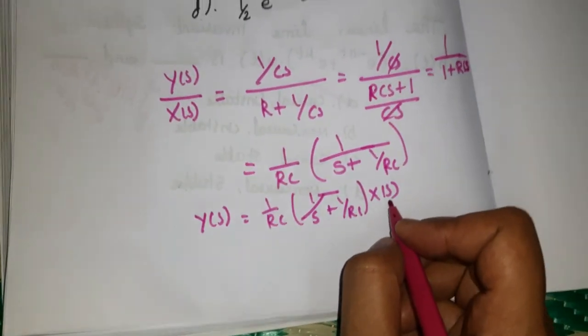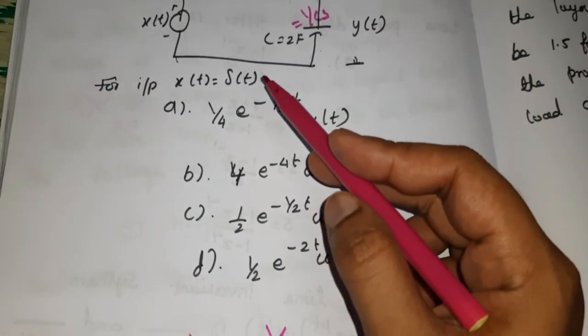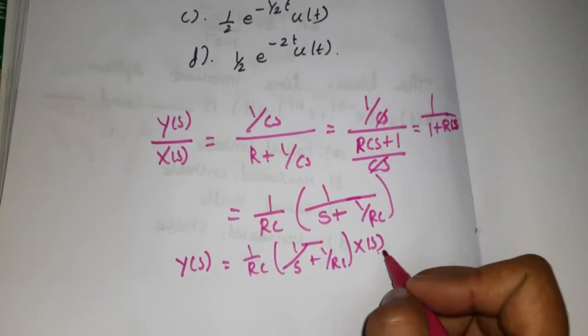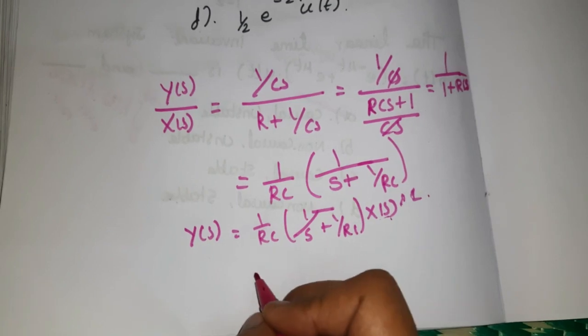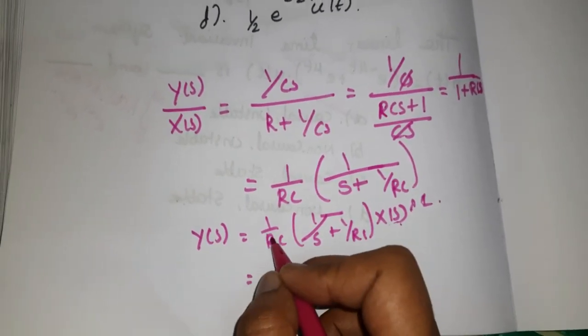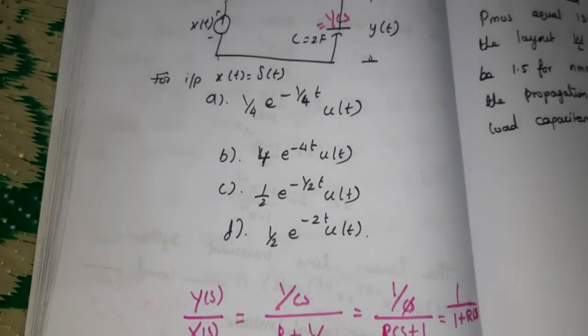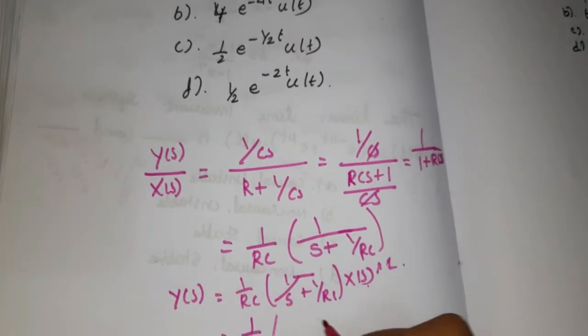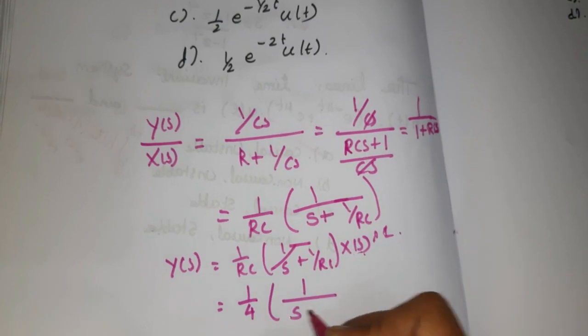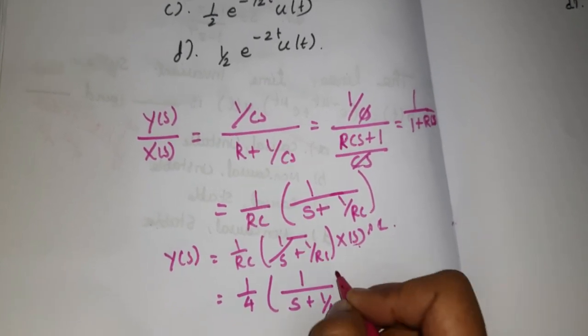The input x of t is del of t, and the Laplace transform of del of t is 1, so this becomes 1. Now we put the values of R and C, both are 2, so we get 1 by 4 into 1 divided by s plus 1 by 4.